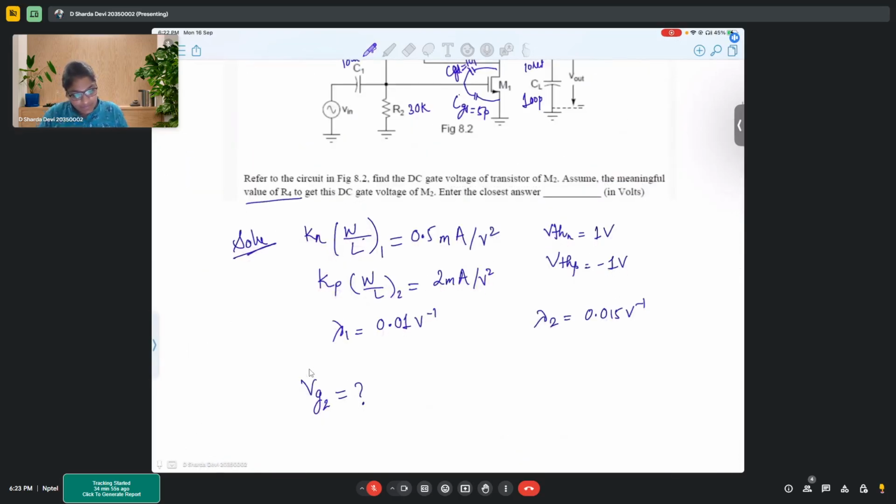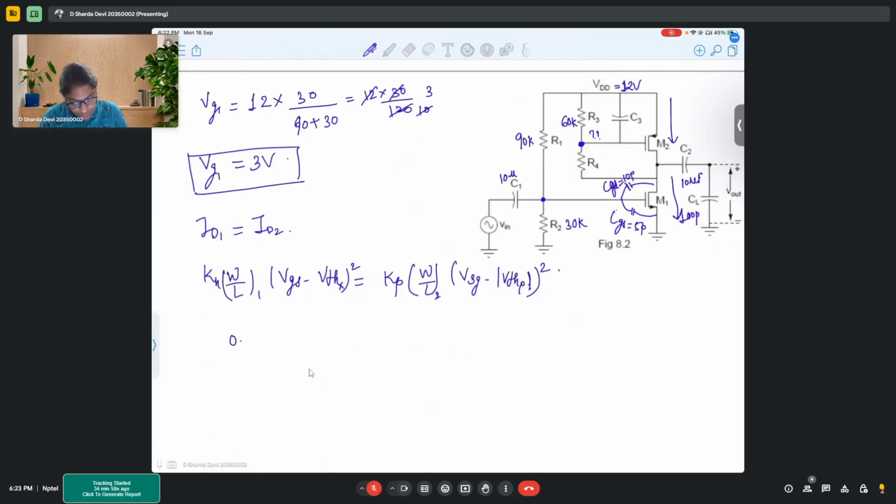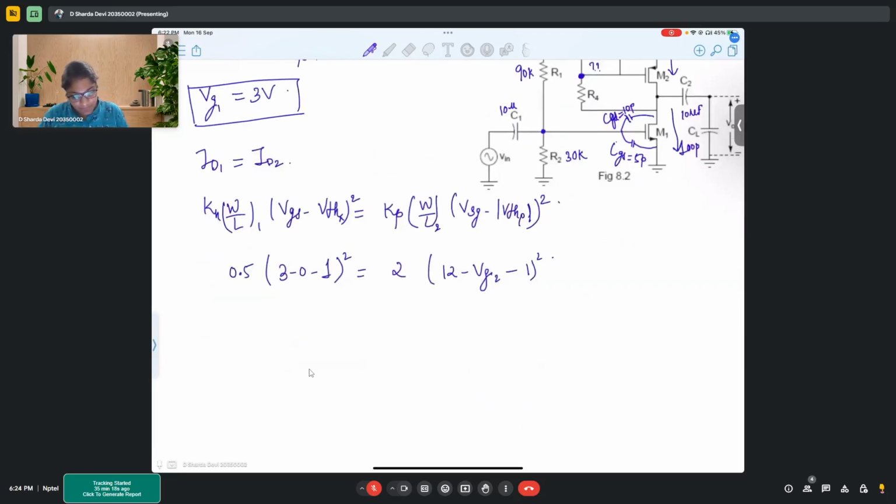Here we are given the values: 0.5 times (VG1, which is 3, minus 0, minus VTH, which is 1 for both the transistors) whole square equals 2 times (VS, which is 12, minus VG2, minus 1) whole square.